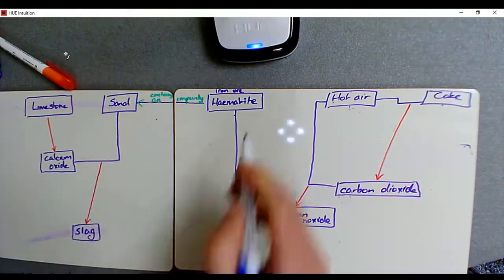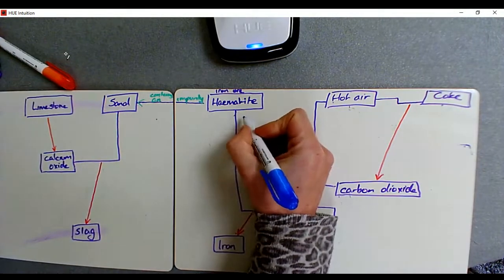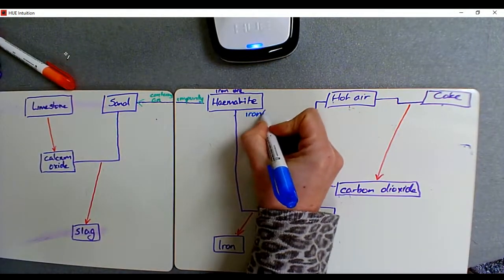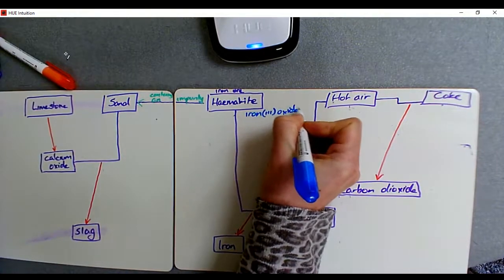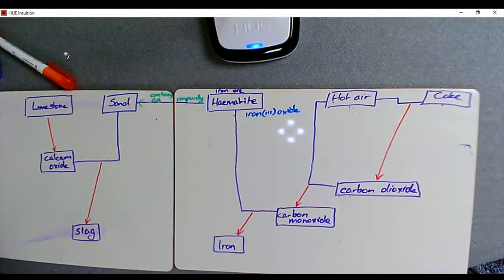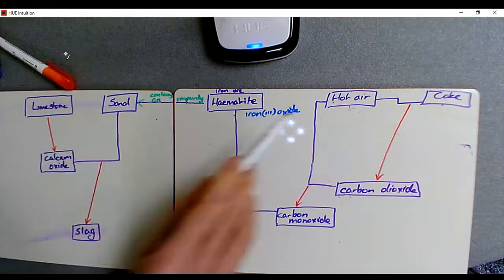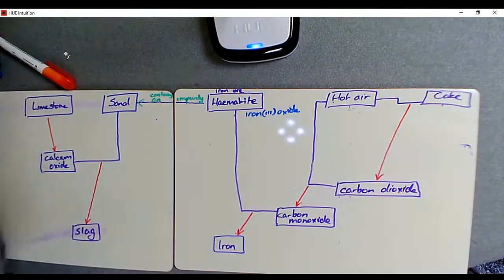Hematite, the chemical that's in hematite, is iron 3 oxide. Now I want you to pause at this point, look at your notes, and find the chemical names of the other 4 substances along the top here.